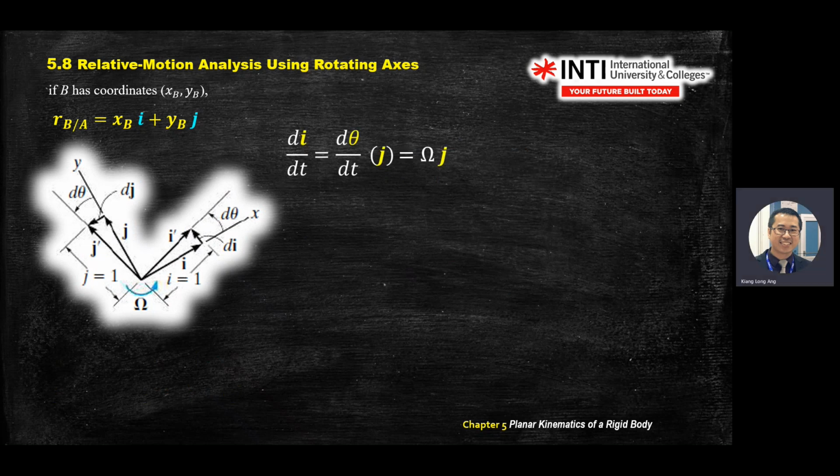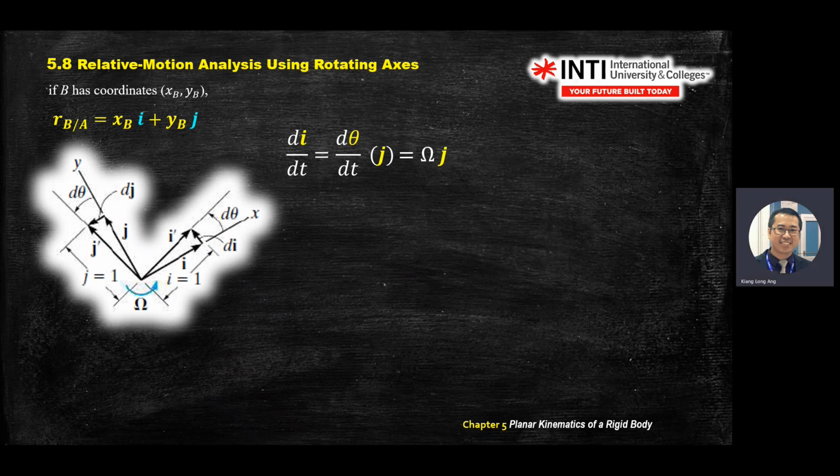So you can write your equation. di dt you can write as d theta dt. Here, this small di is so small that it is the same as d theta. So you can write di equal to d theta. Why j here? Because this di is in the y direction, so you get positive j.